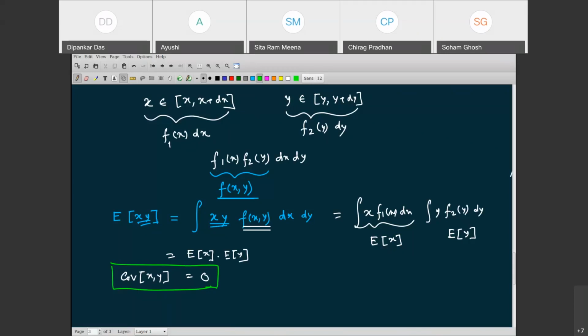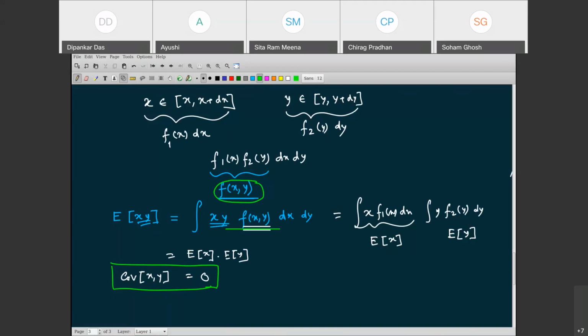Remember, the opposite might not necessarily be true. If your covariance happens to be 0, it might not always imply that x and y are independent. There can be a weird functional form of f(x,y) which can make this integral accidentally 0.